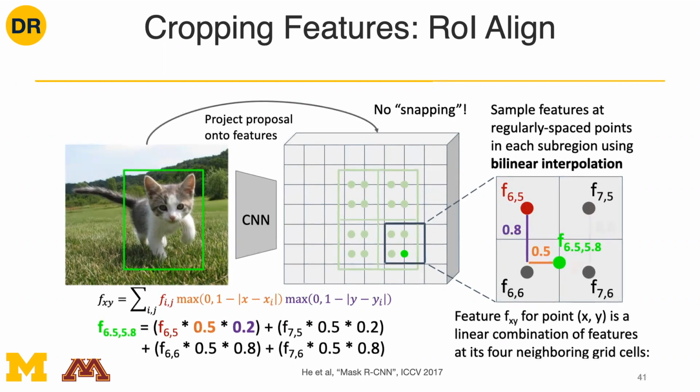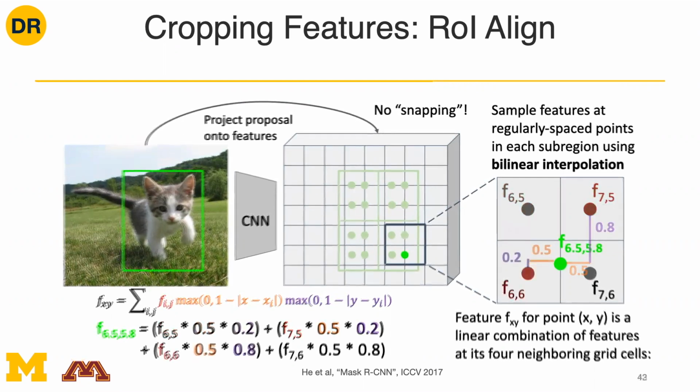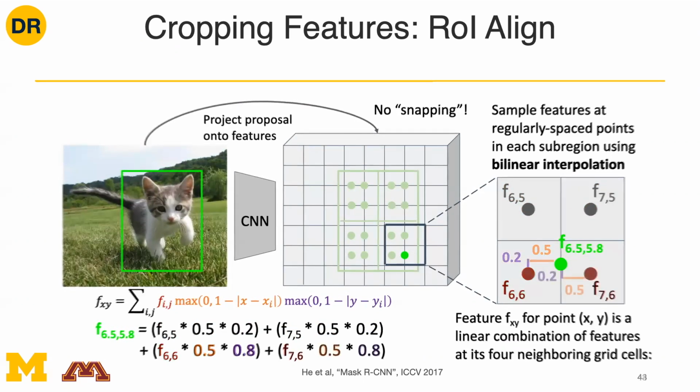You can do this for every feature. For instance, you do this for this one, and the other F66 and F76. So the idea is the closer you are to a particular cell in your feature map, the more that feature will play a role in your final feature. Is that clear, as opposed to snapping to the grid? Questions?